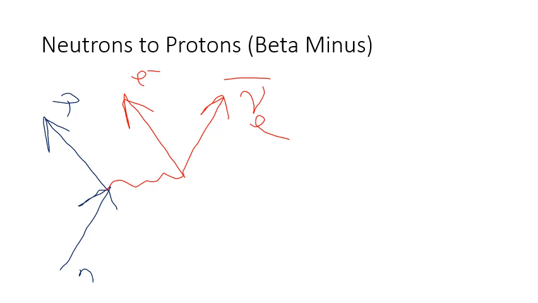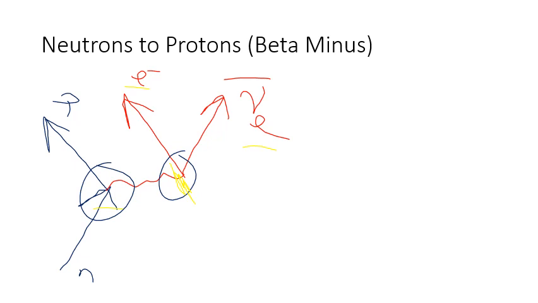Well, of course, we've got a conserved charge. If you look at this, charge must be conserved there and it must be conserved there. Charge being conserved here is easy because we've got a negative electron and a neutral antineutrino, and therefore the input there has to be negative.